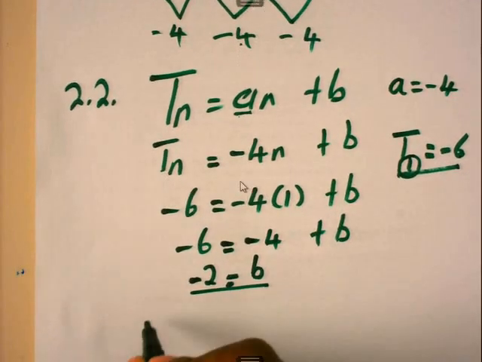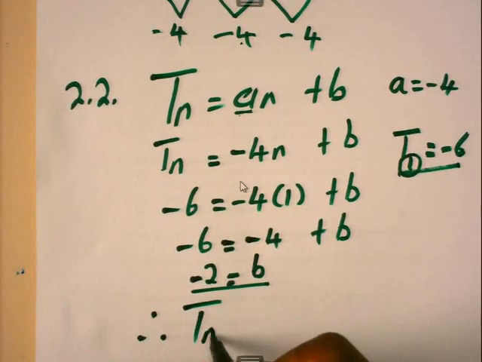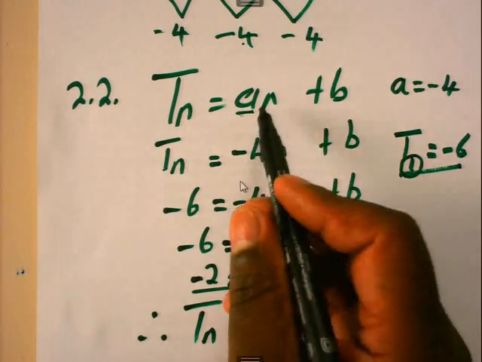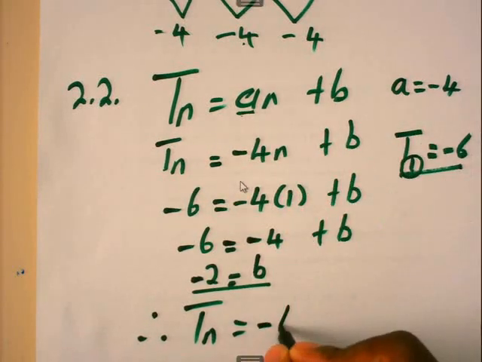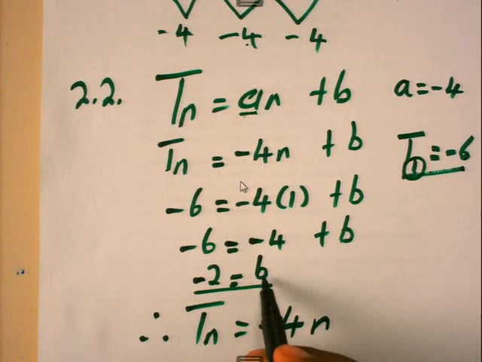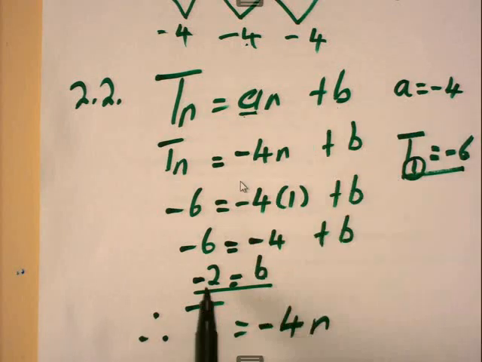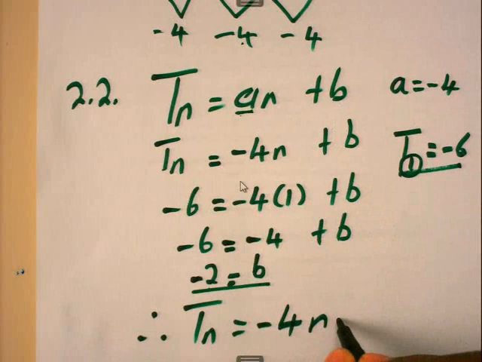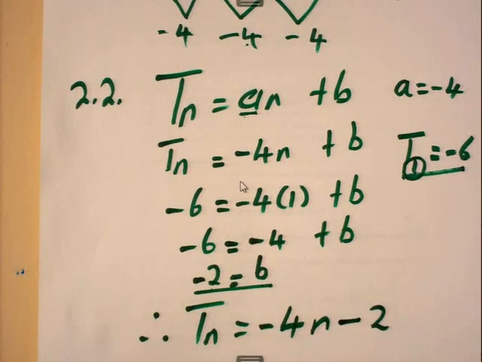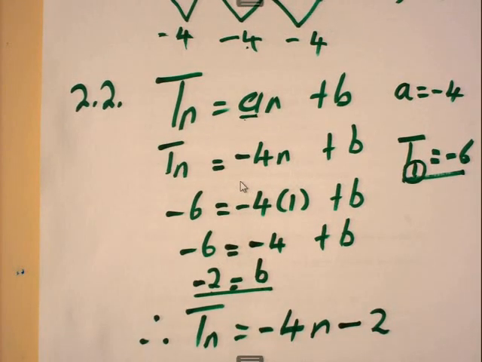The nth term is an + b. a is -4, so we've got -4n. Our b is -2. So our nth term is equal to -4n - 2.